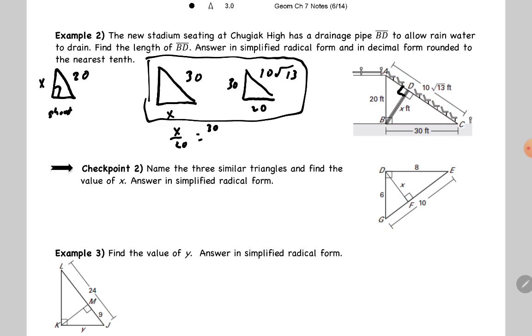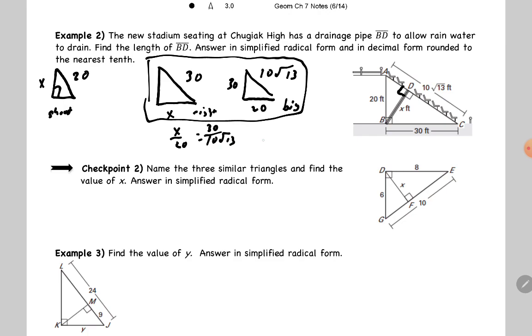So this is the big triangle, and then this is the right triangle. So I'm comparing the right triangle to the big triangle since they're all similar. I'm creating a proportion. So x over 20 represents the short sides of the two triangles, and then 30 over 10 root 13 represents the hypotenuses of the two triangles.